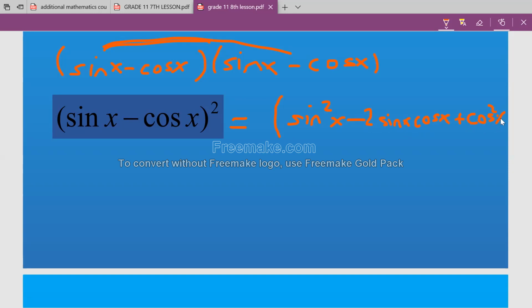Okay, now can we continue to simplify it? Yes, we can. We know sine square x plus cosine square x equals 1. To let you see it clearly, I will rearrange the expression: sine square x plus cosine square x minus 2 sine x times cosine x.